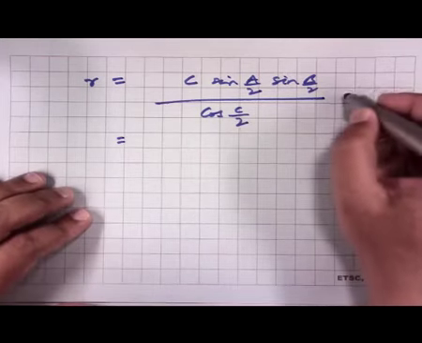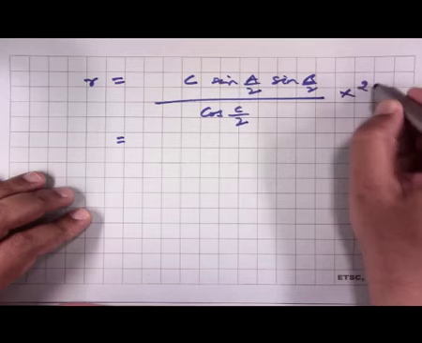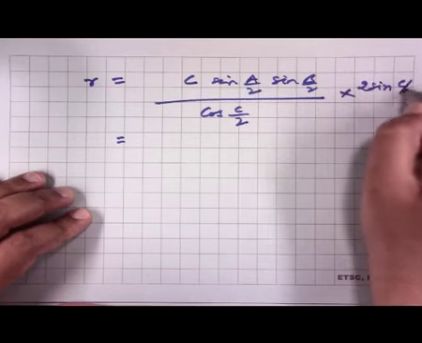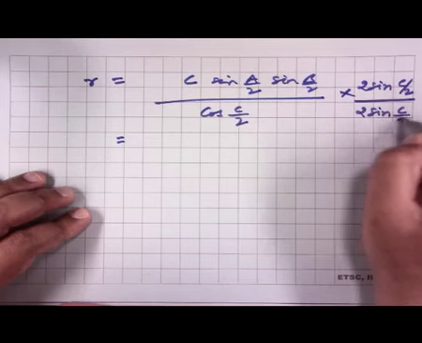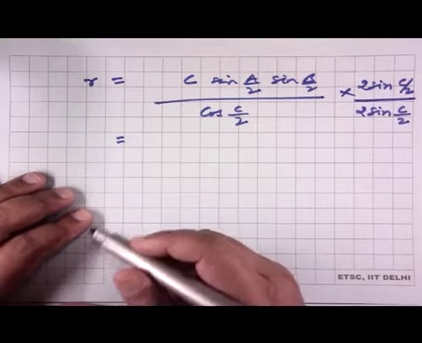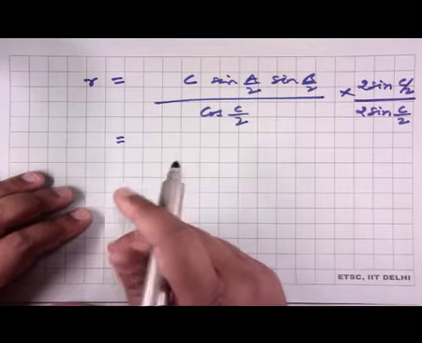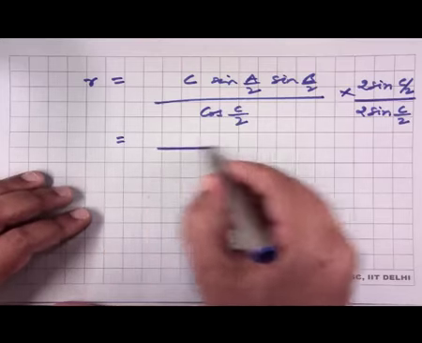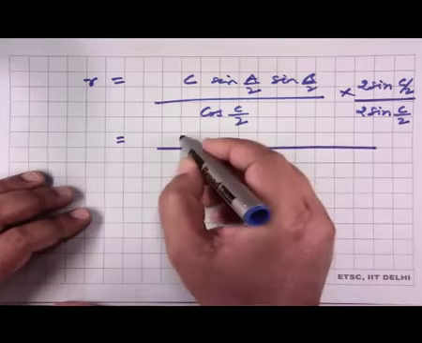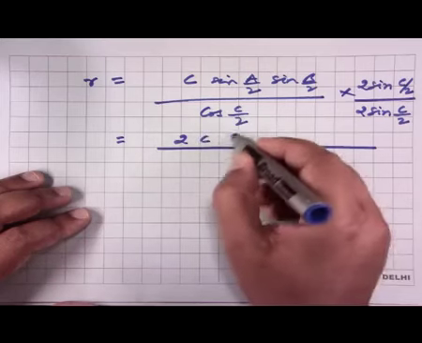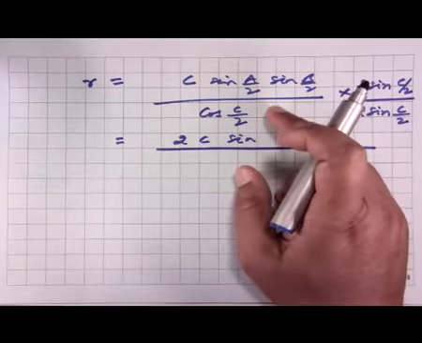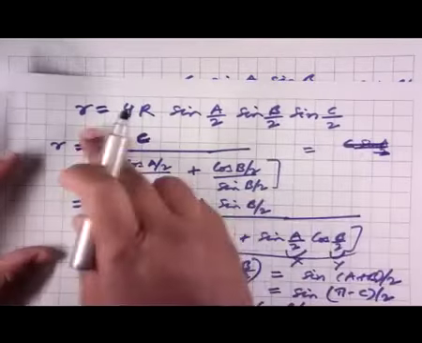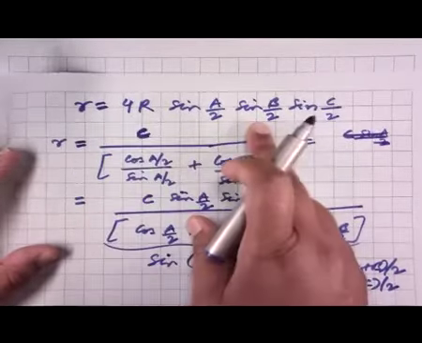And then we multiply both the numerator and the denominator by 2 sin C by 2, and this we do because we have to show this equality.